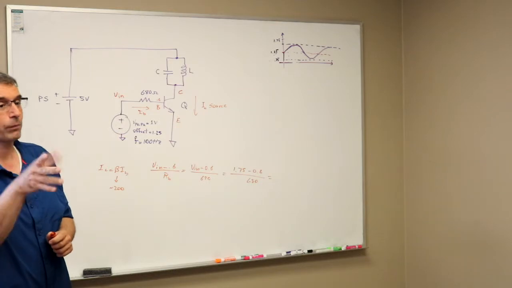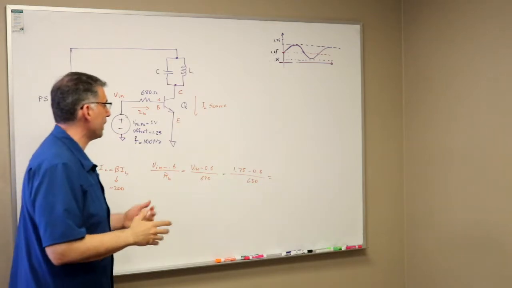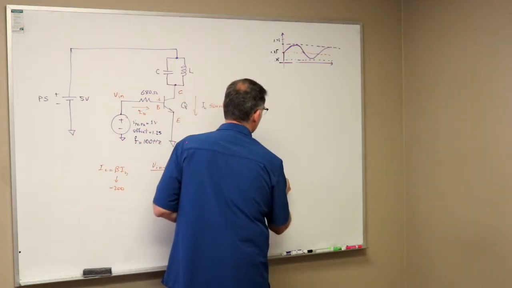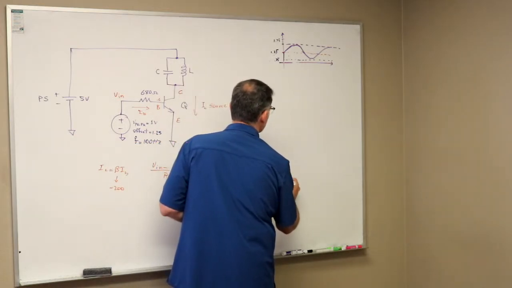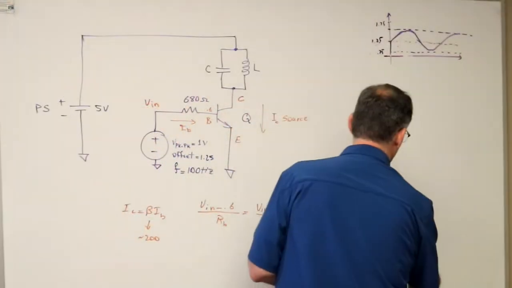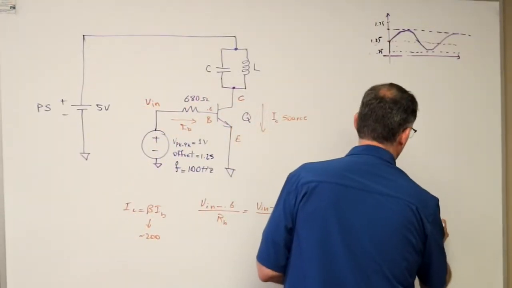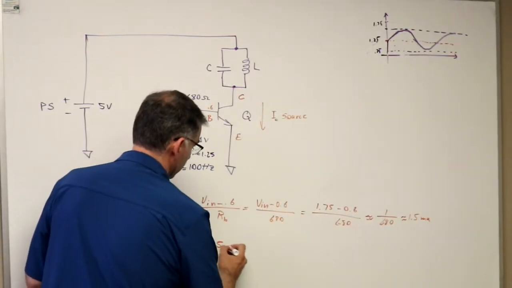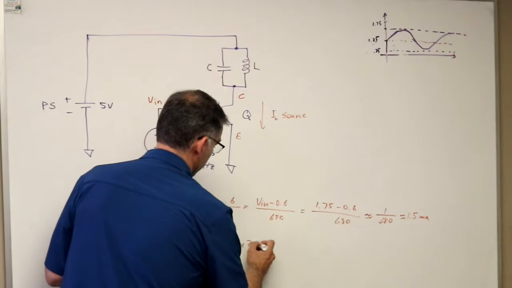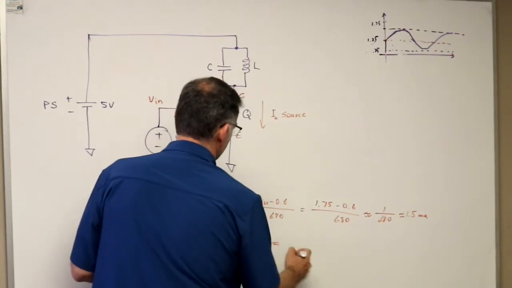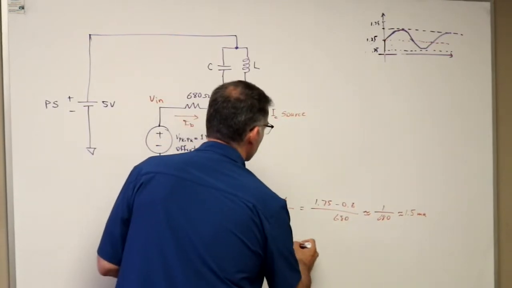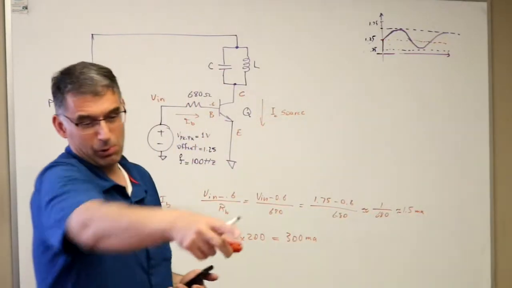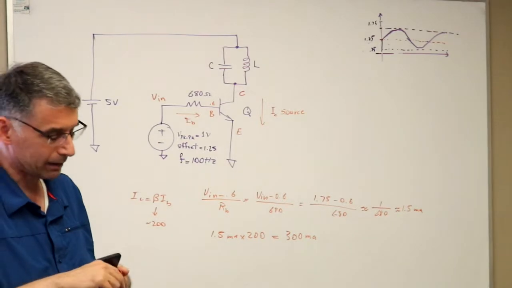And so to set that current limit, if this is approximately 1 divided by 680, that's 1.5 milliamps. And if I multiply that by 200, that's about 300 milliamps. So I guess we can set that current limit to about 300.